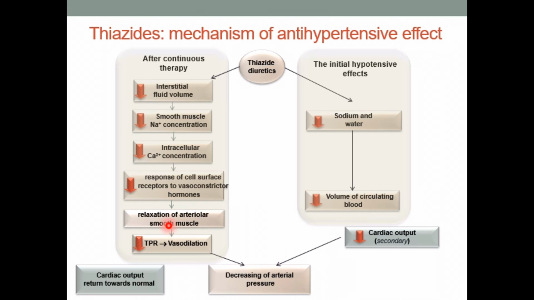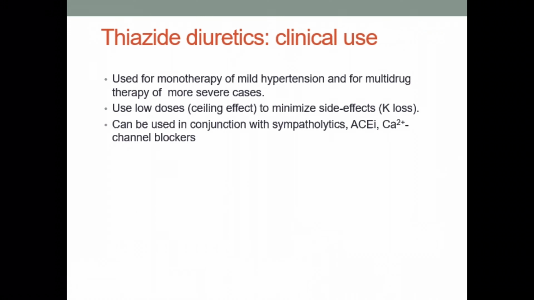When the arterial smooth muscle relaxes, it will vasodilate, and it will reduce the total peripheral resistance, and therefore cause a drop in the BP. And at this time, the cardiac output will be back to normal. Okay, right. So that's the mechanism of thiazides.